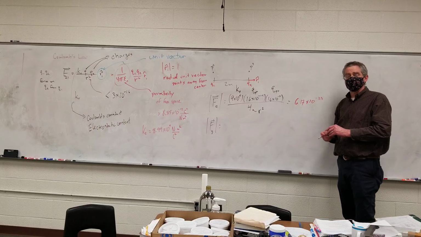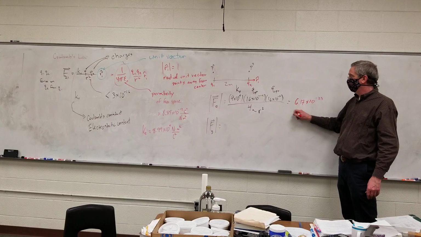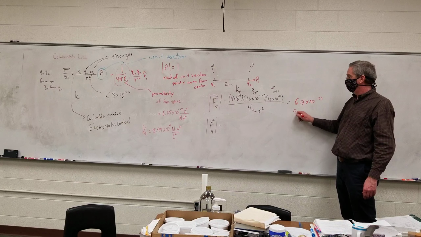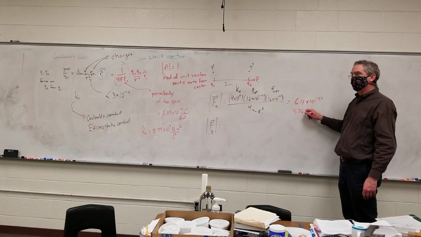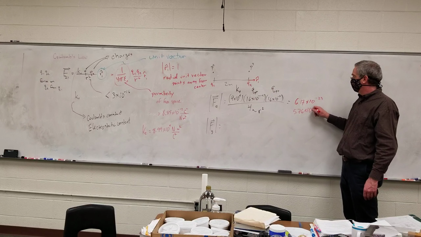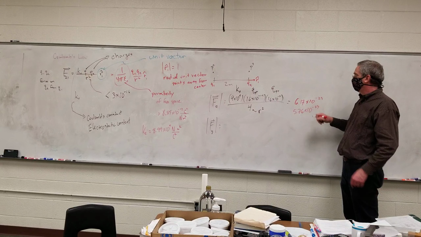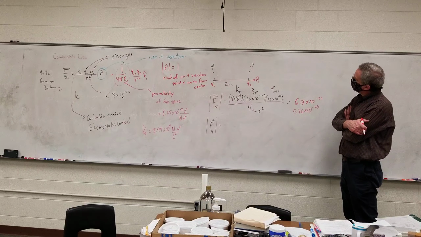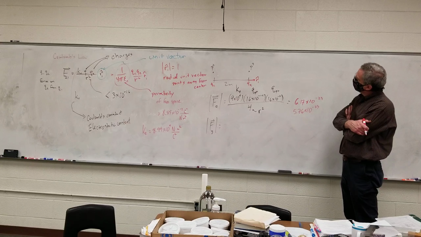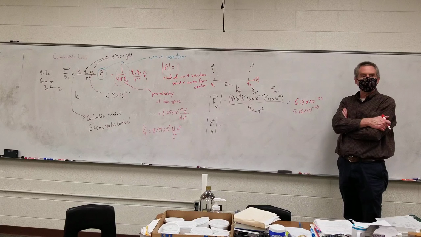What's the actual answer? I got 5.76 times 10 to the negative 23. How was I so far off? Anyone else get the same thing he got?